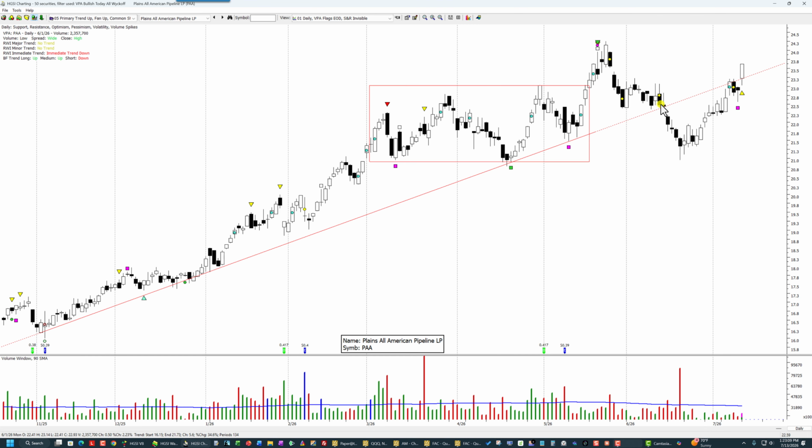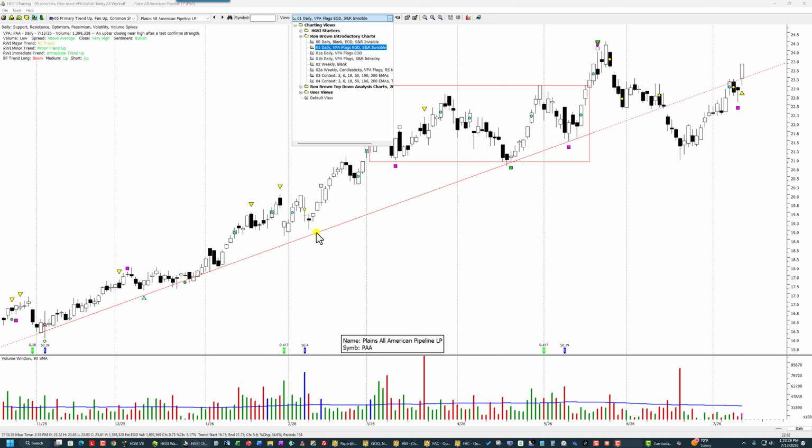And here the trend line is broken. No VPA flags in here, but now as this is rallied, you can see there was an effort to rise, effort to fall next day, but then a test followed by a confirmation of that test. Okay, so that carries through to here.